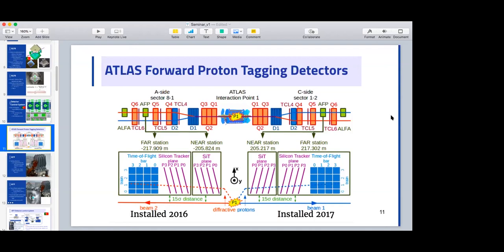Since the community of the forward protons is small, we have focused first on the closer stations that were simpler to implement. We basically had no time yet to work on the other ones.